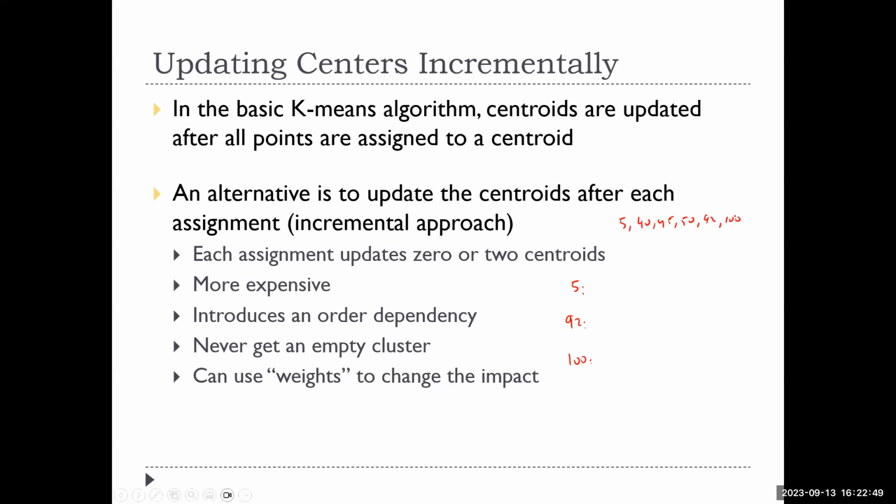I'm not going to show the complete process, but just to explain what this means: I put 5 here, and the center is 5. That's the only data. The next data is 40. When I put 40 into that cluster, I recompute the center at that instant. What is the new center now? 22.5.